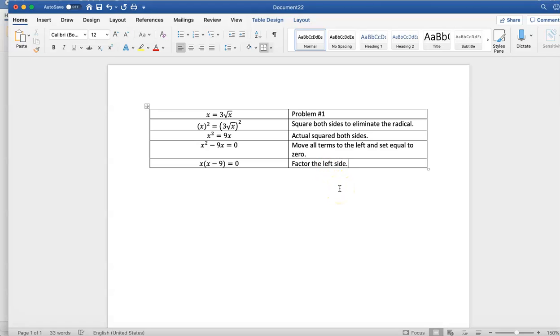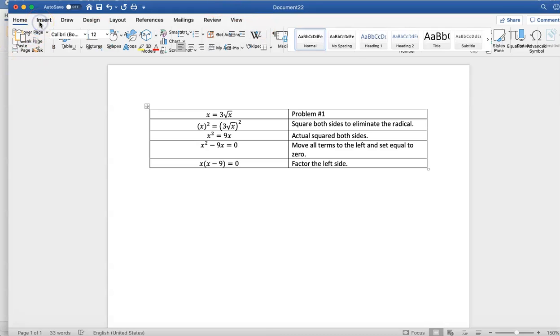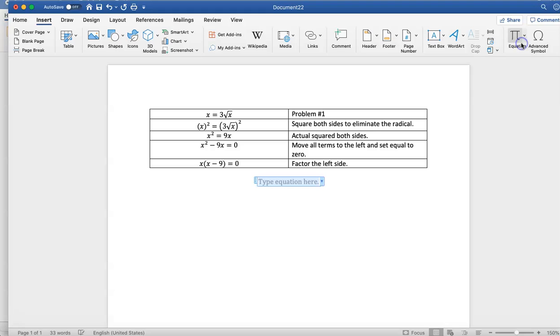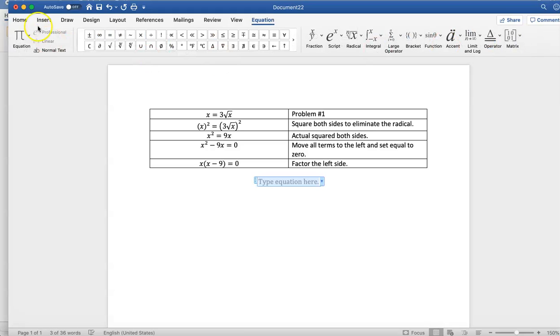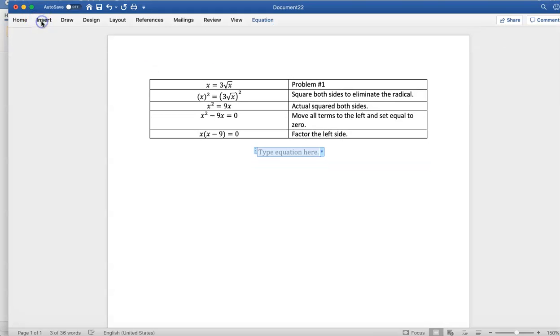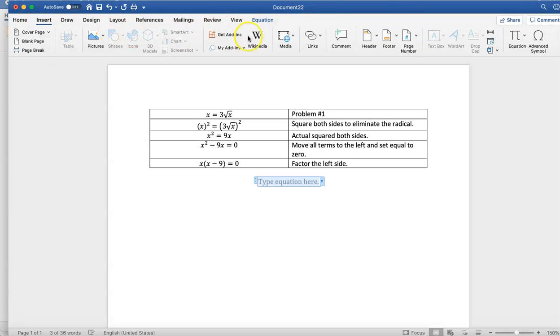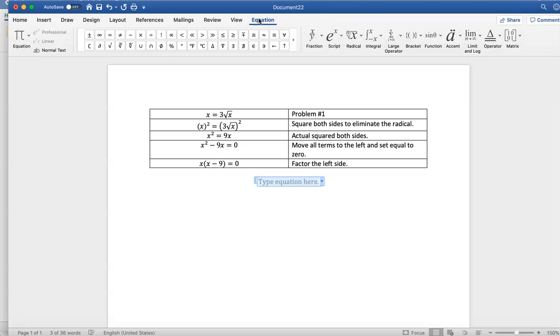Okay, that's long enough for you to learn where everything is coming from. So we have insert an equation. That's how we do it. Insert equation, and then you go from there and get what you need.